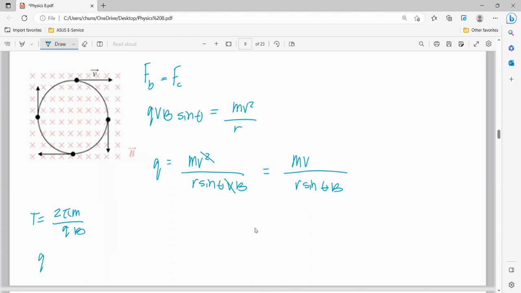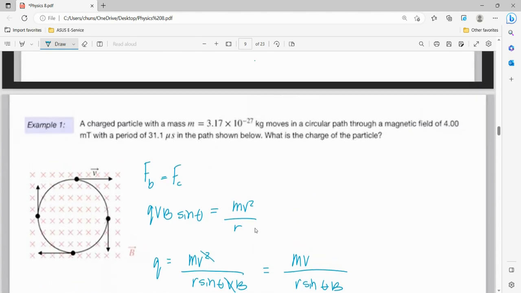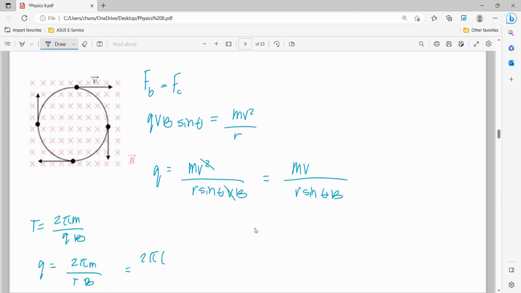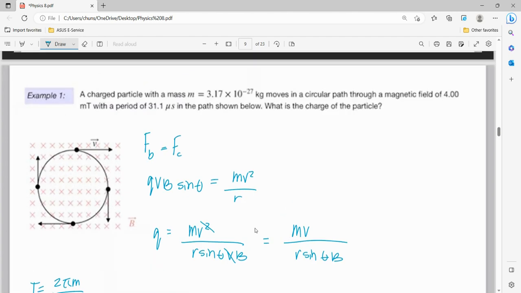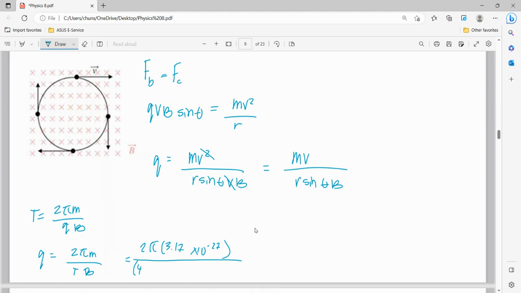Isolate for q. This gives us this equation here. So now we have everything that we need to solve. Our mass is 3.17 times 10 to the negative 27 kilograms. It's 4 milliteslas, so this is 4 times 10 to the negative 3 teslas.